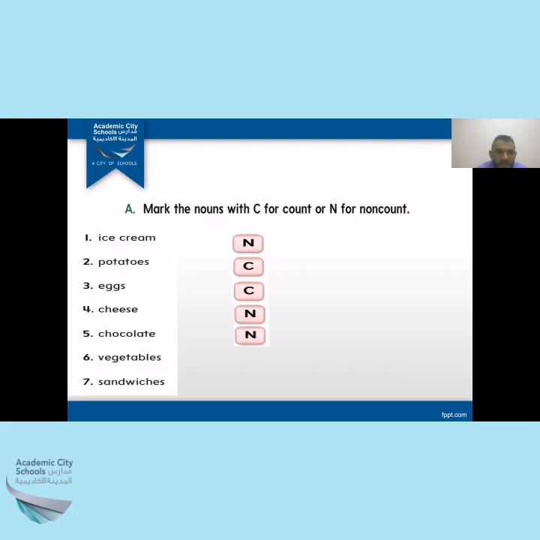Number 6, vegetables. Excellent, countable noun. Number 7, sandwiches. Is it count or non-count? Excellent, count. Thank you so much, brilliant.